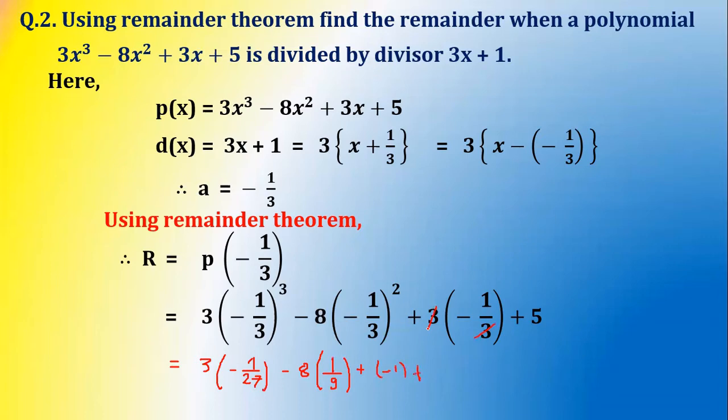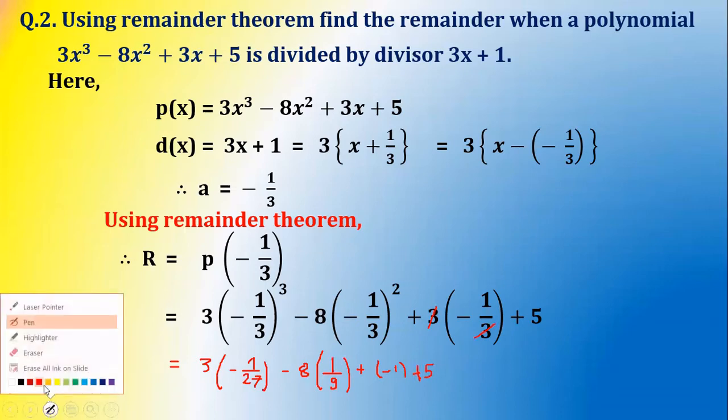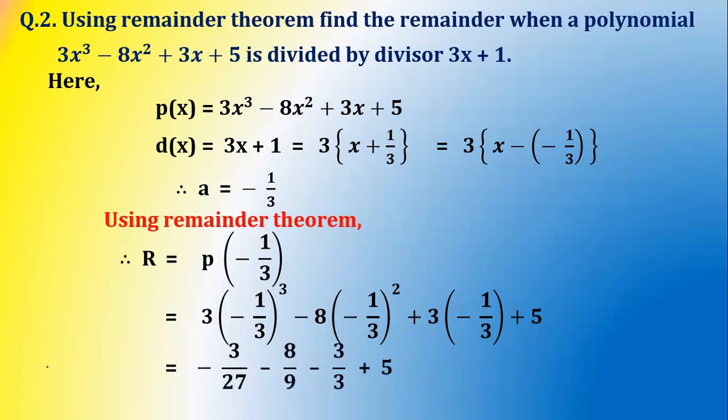Simplifying further, I have done it in another way also, as you can see here. So minus 3 by 27. I have not cancelled any term, I have just multiplied them. And in the second part there is minus 8 by 9, because minus squared would be plus, so the outside minus remains the same. And then 3 by 3, 3 ones are 3. I have just multiplied the numerator with numerator, but as I said earlier, we can cancel this 3 and 3 also.